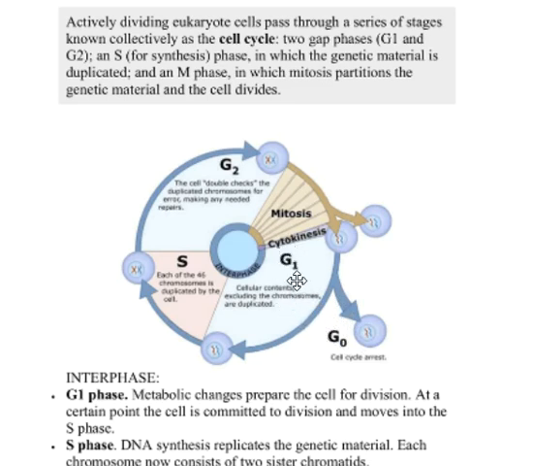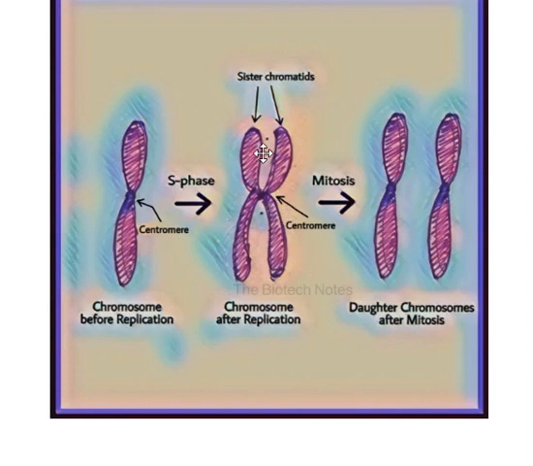But first we will talk about G1, where the matrix for DNA replication will be checked for mistakes, and after that it will undergo replication, where we will have two chromatids of one chromosome.